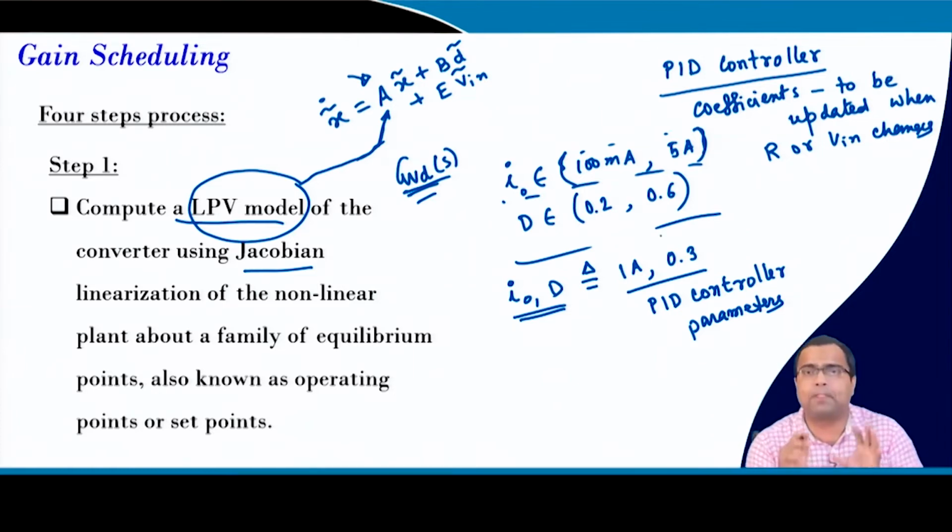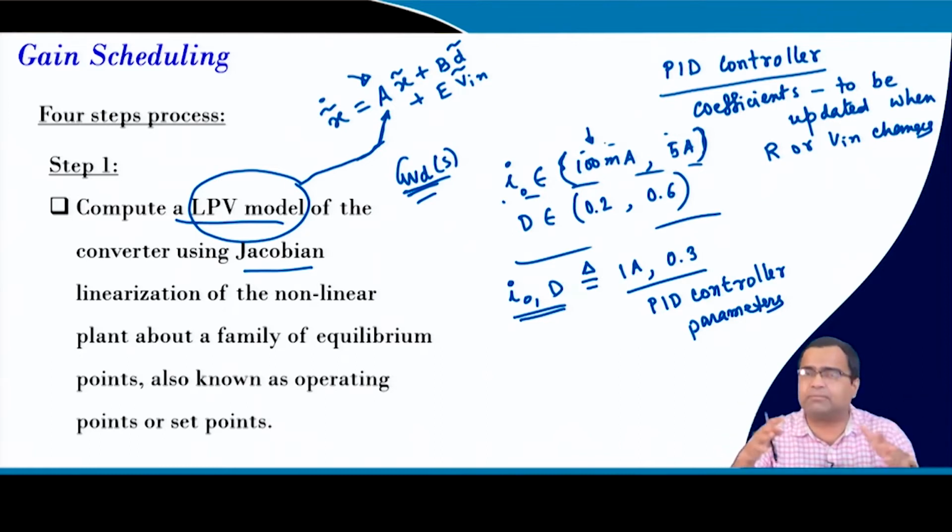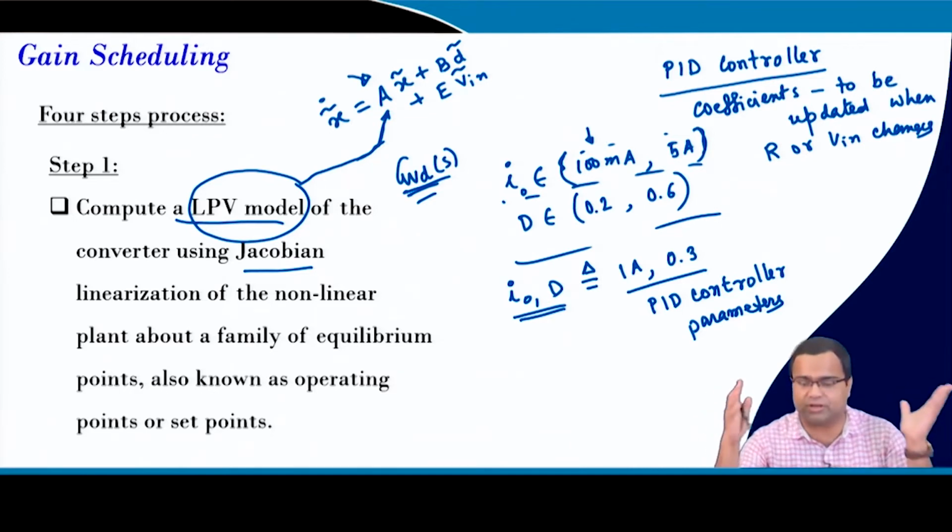You have to choose some operating points where we have more interest, and particularly we need to consider the highest and lowest load current conditions, because if we unnecessarily use a very high load current, you have a real restriction in terms of the right half plane zero, but at the lowest load current you have a real restriction in terms of Q peaking, because at light load your damping can be really poor, so you have to take special care in either the PID controller or type 3 compensator, whatever it is.